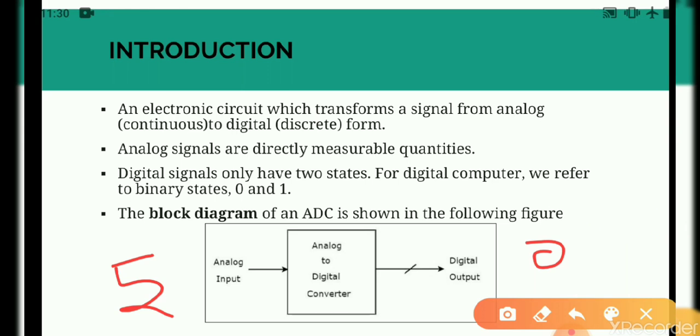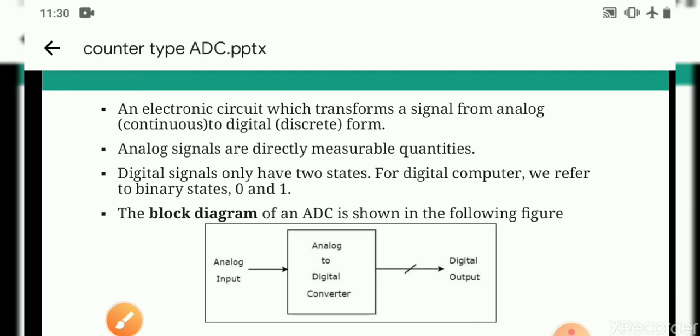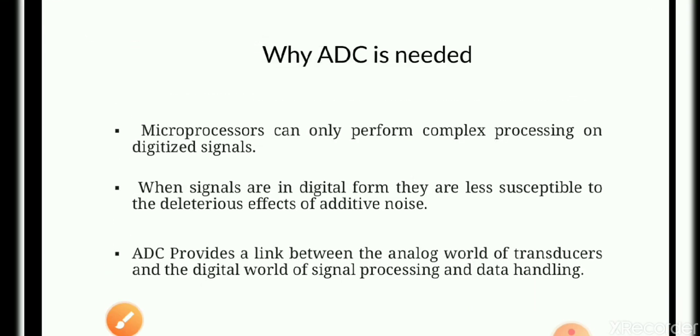Now why do we use ADCs? So we know that in some cases we don't have any other option rather than generation of an analog signal by some circuit. And so before sending it to a digital computer or microprocessor, or you can say a microcontroller, it must be converted into digital signal. And that is why we need an ADC. Suppose we take an example of a temperature sensor.